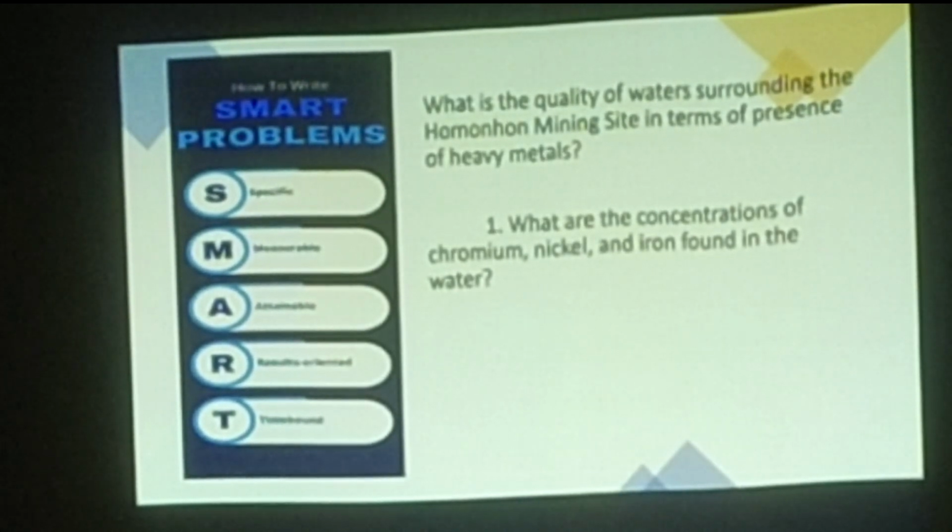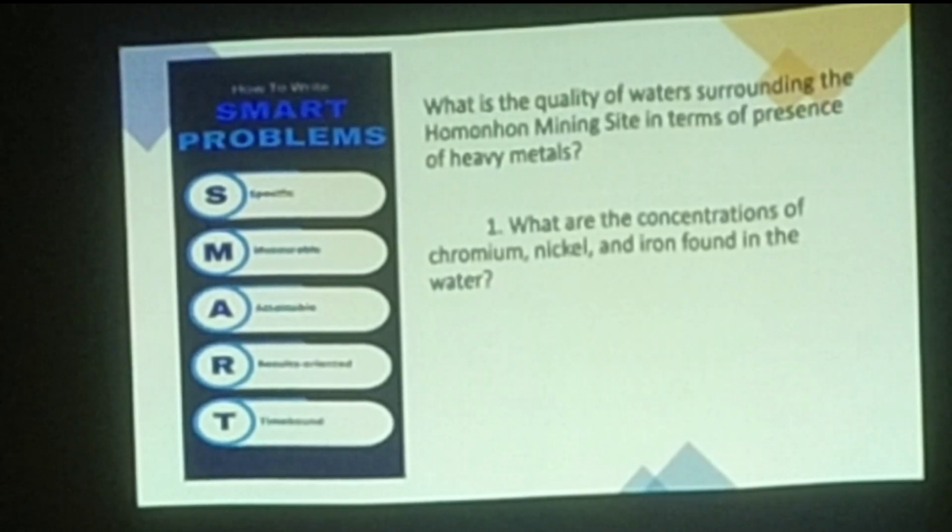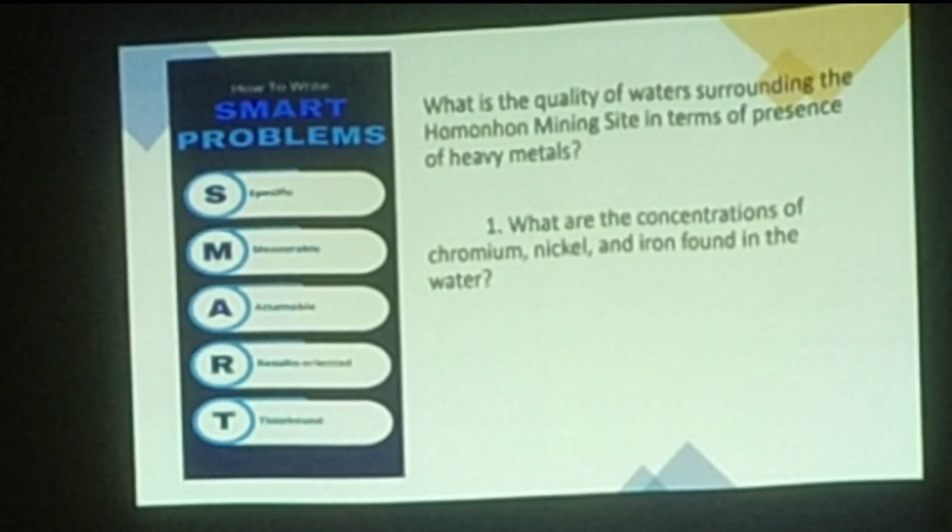So, okay, we don't have a spectral for this, an atomic emission or atomic absorption spectral. So we will need this. Oh, we will need to go to VSU, we will need to go to UST in order for us to use, to get to answer this problem. So nakikita niyo yun, how do you say that? Tinatahi-tahi niyo yun base sa inyong research question or research problem.